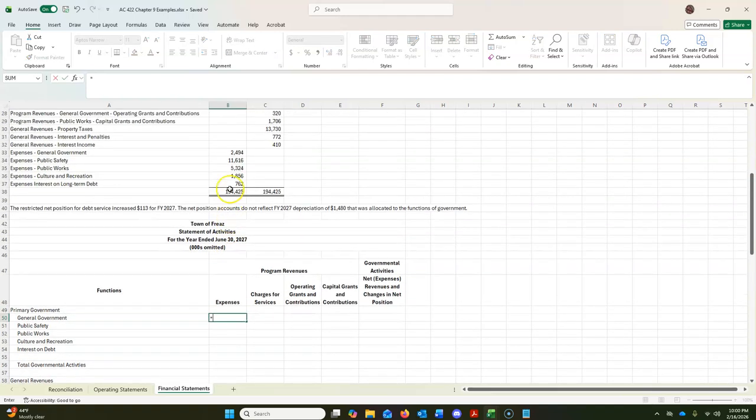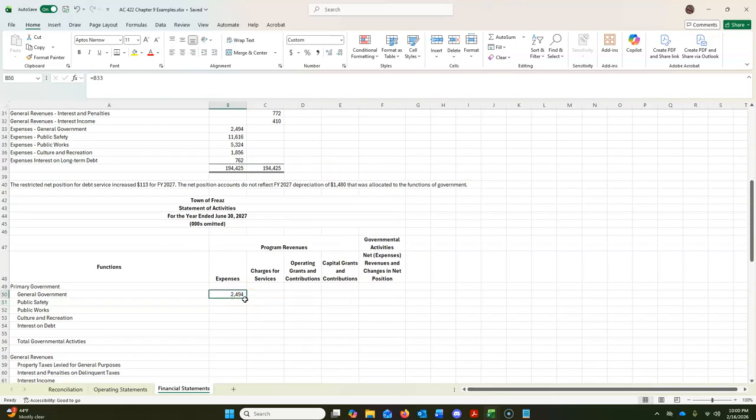We're going to go to expenses, general government, and I'm going to copy those down, because they should just copy straight down. Then we have the total of our expenses in our governmental activities section. Then I'm going to look at charges for services.